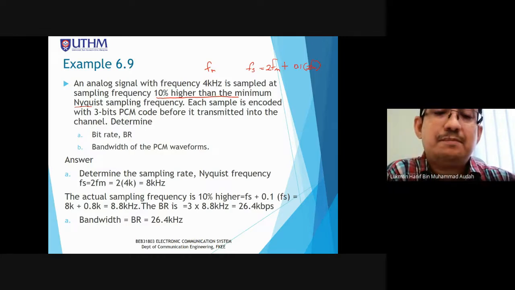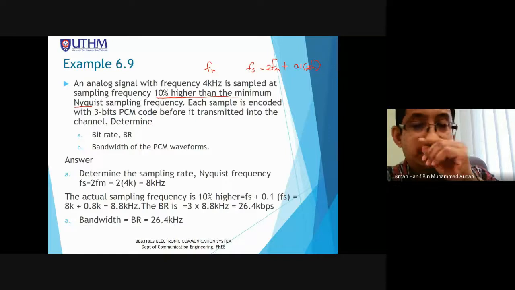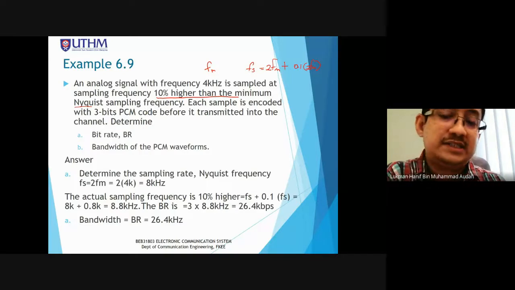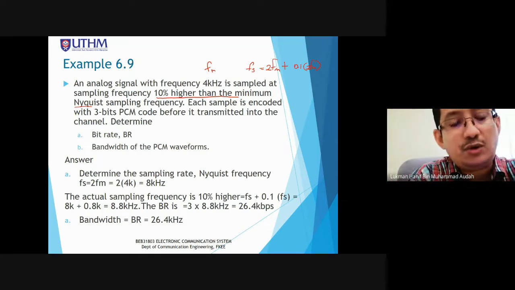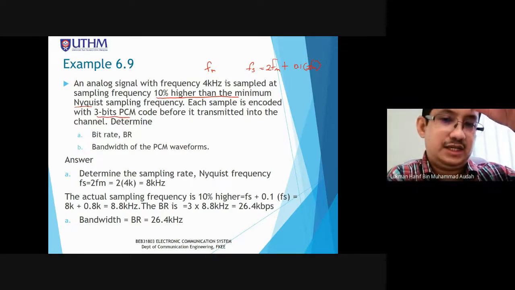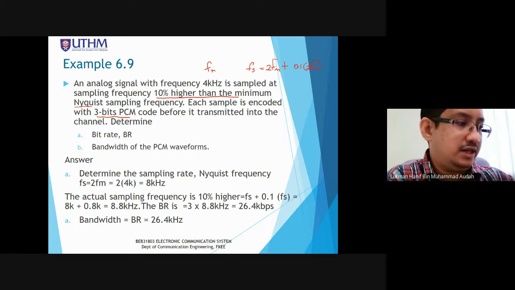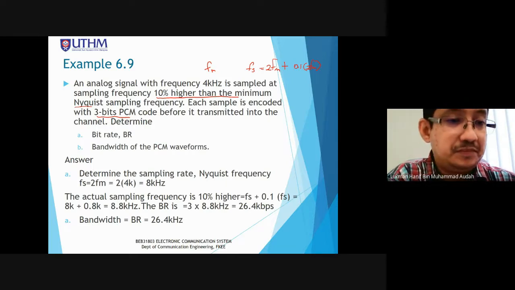So kita akan sampel 10% lebih besar daripada minimum. Minimum adalah 2 FM. So 10% lebih besar, so kita kena tambahlah plus 0.1 of 2 FM. Okay, and each sample is encoded with 3-bit PCM. Setiap sampel kita akan encode dengan 3-bit PCM before we transmit to the channel.